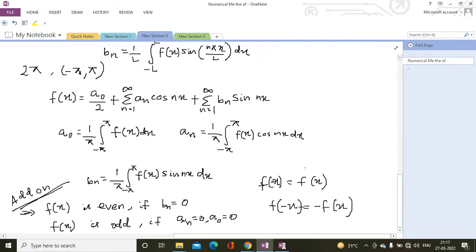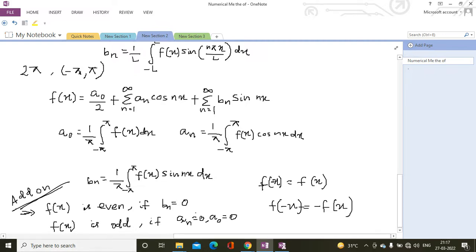If f of x is even, then if I put f of minus x, it is also f of x. But sine is an odd function, right? And it is a symmetric integration from minus pi to pi, where sine varies from minus value to plus value, so this will be 0, that is bn will be 0.